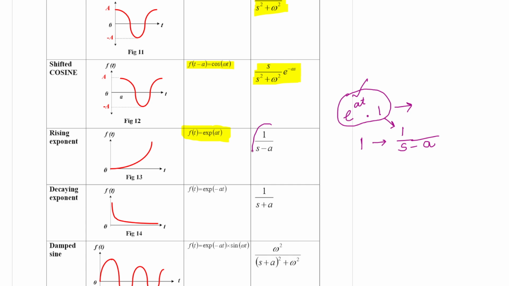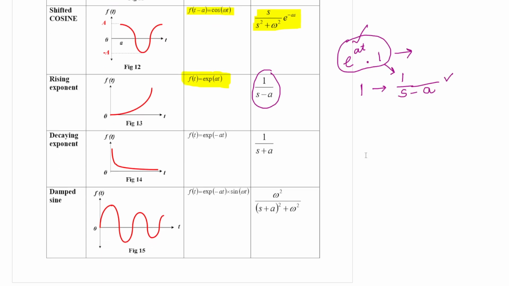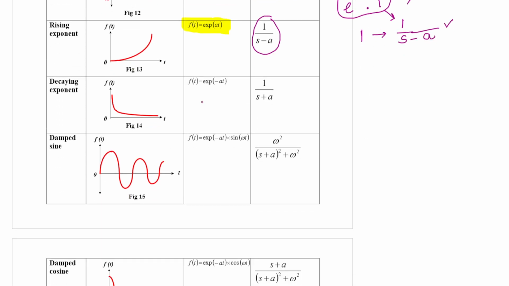So that is why the rising exponent e to the power at has the Laplace transform equal to 1 by s minus a. And for a similar reason, if we have e to the power minus at in the time domain, its Laplace transform will be 1 by s plus a.